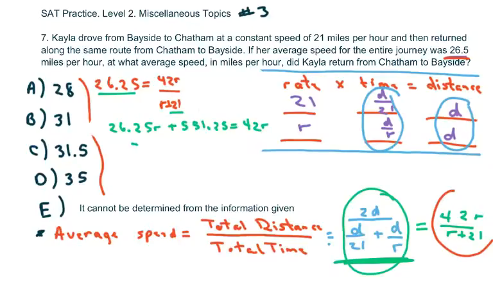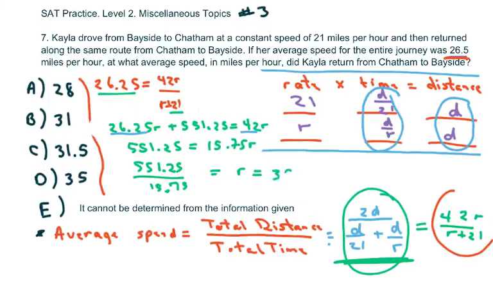Then you subtract 26.25R from both sides, and that's going to yield 15.75R equals 551.25. So R equals 551.25 over 15.75, and that equals 35. So 35 is your answer, and that's D.